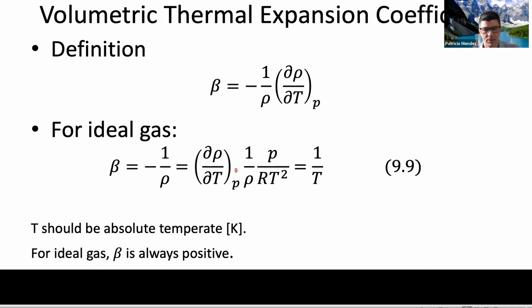But when we apply the ideal gas law to this definition, we find that beta is 1 over T, 1 over temperature, of course in Kelvin. So for gases, beta is trivial. For liquids, it's not trivial and needs to be tabulated.